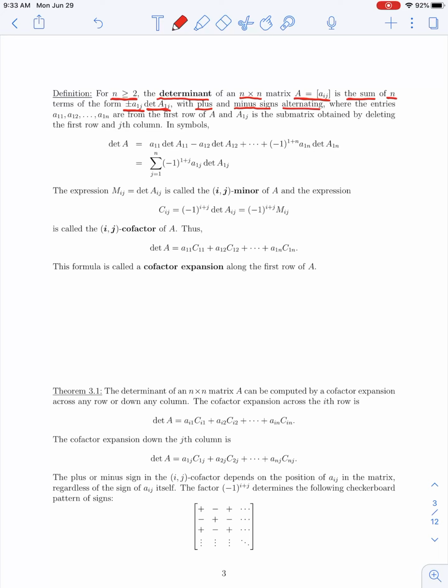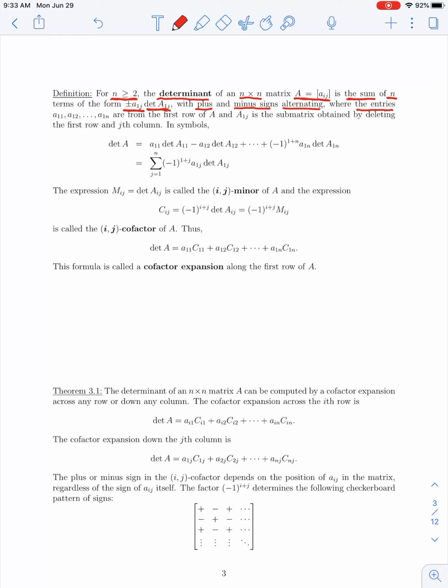As we saw in the case of the 3 by 3 matrix, we had A11 times the determinant of a matrix, minus A12 times the determinant, and then plus A13. So our plus and minus signs will alternate in general.